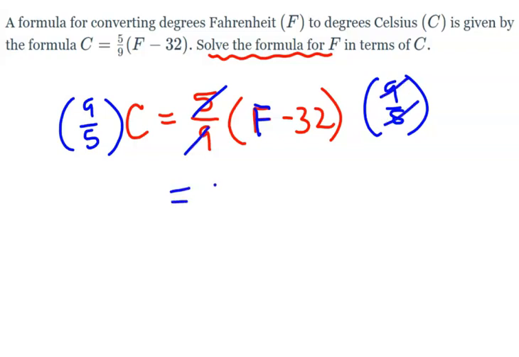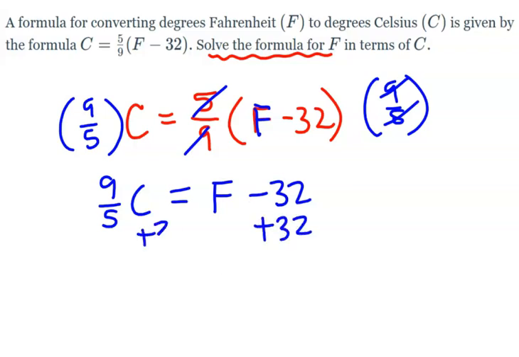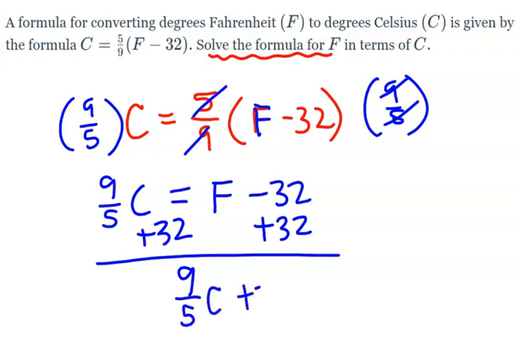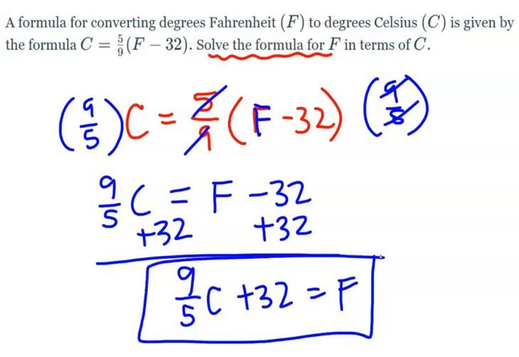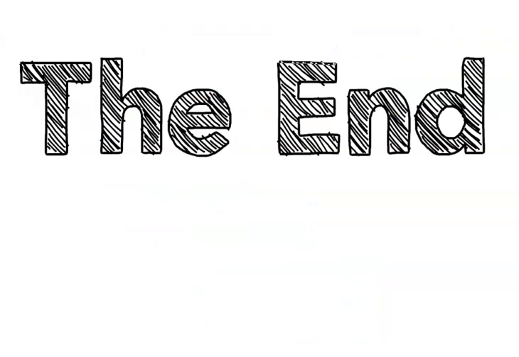That removes the fraction from the right side, and it takes that coefficient away, so I no longer need parentheses. Now my final move to get f alone is to add 32 to both sides, leaving us with 9/5 c plus 32 is equal to f. And that is how you transform formulas.